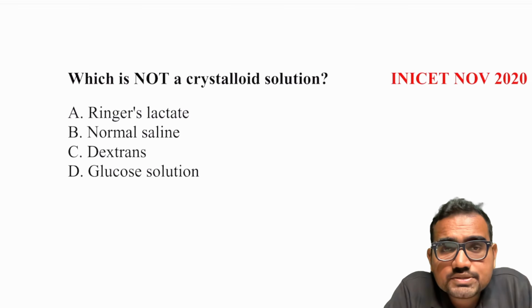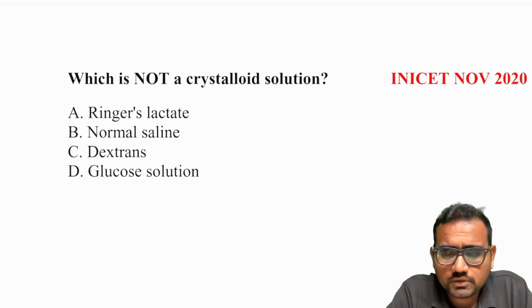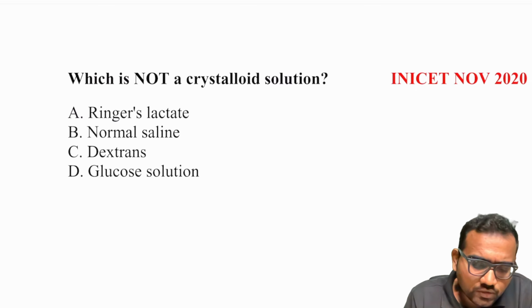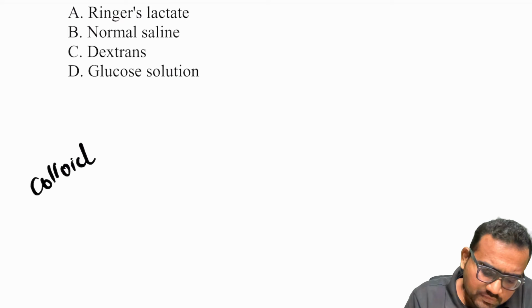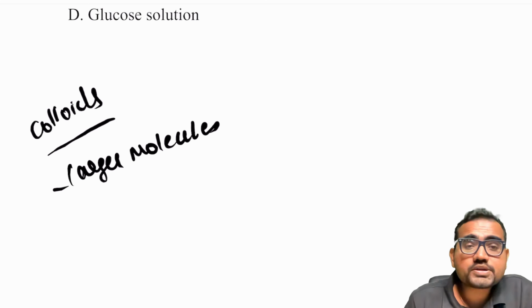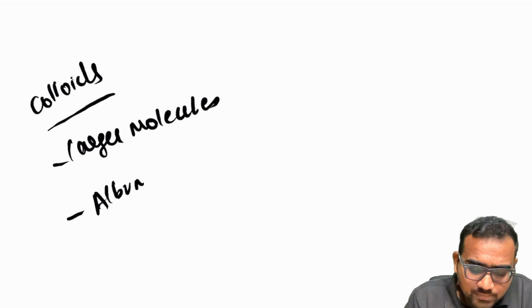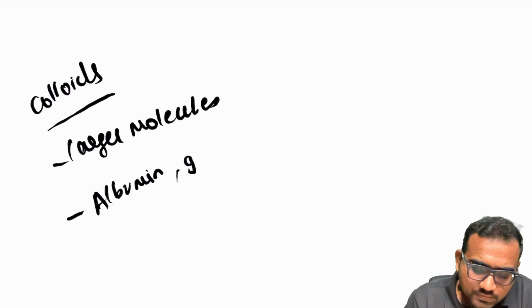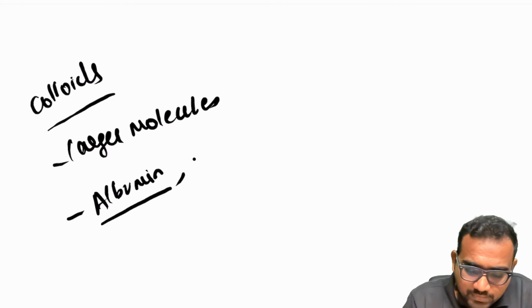Which of the following is not a crystalloid solution? Okay, so we must have heard of it. What are crystalloids and colloids, right? Basically, colloids are larger molecules. Colloids can be albumin, gelatin.